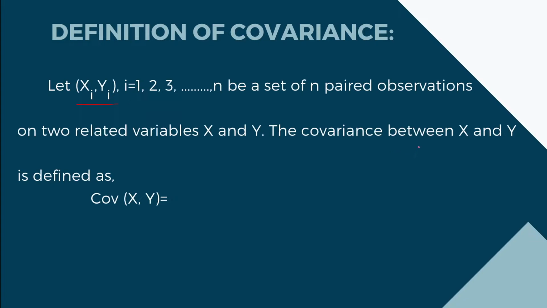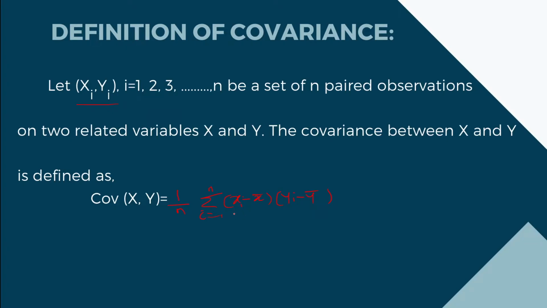The covariance between x and y is defined as covariance xy is equal to 1 upon n summation xi minus x bar multiplied by yi minus y bar, i equal to 1 to n. This is the definition of covariance.